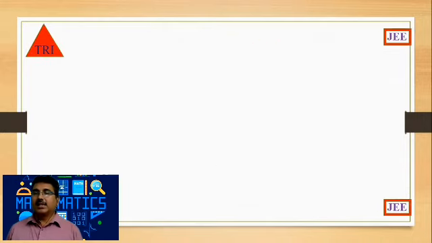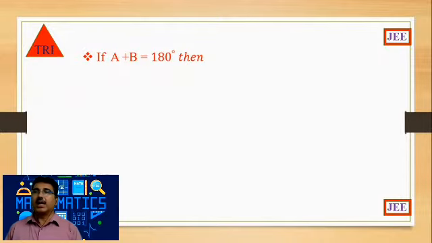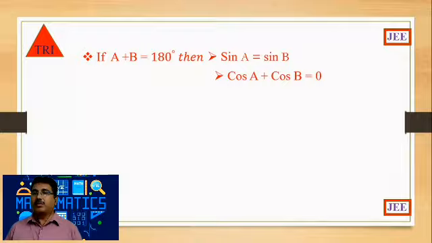Okay, now another relation between A and B. If A plus B is equal to 180 degrees, if A, B are supplementary angles, then consider sin A and sin B, cos A and cos B, tan A and tan B. If A plus B is equal to 180 degrees, then sin A is equal to sin B. Cos A plus cos B is equal to cos A plus cos of pi minus A. Cos of pi minus A is equal to minus cos A, so minus cos A plus cos A is equal to 0.